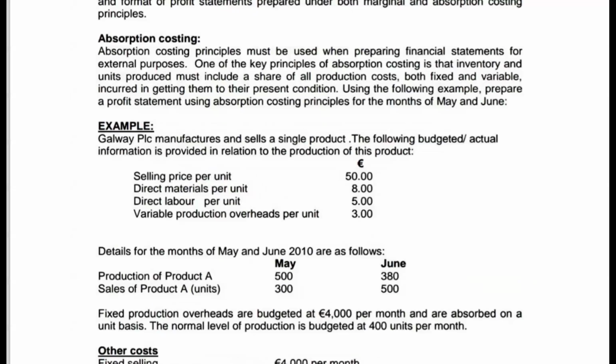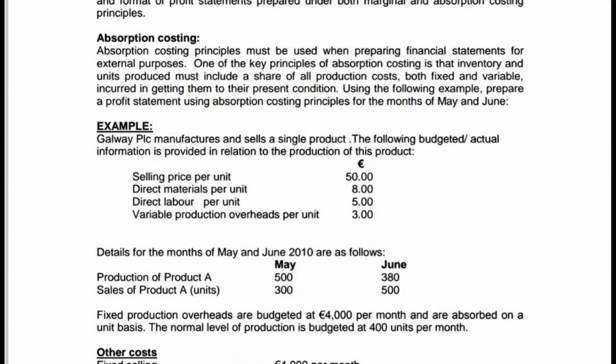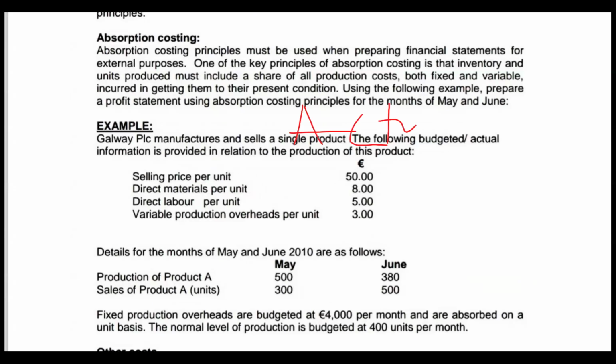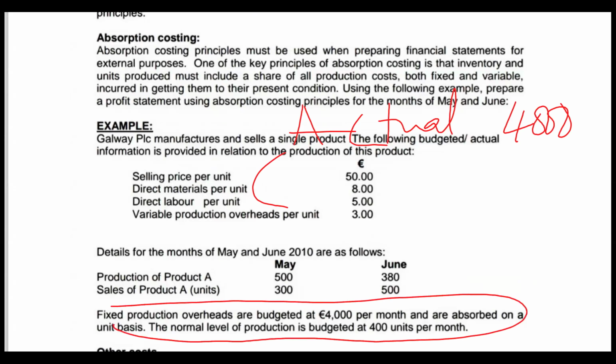So I am saying we have established that the actual budget that we have was 4,000. But what was absorbed was based on the absorption rate that we have. According to this statement, the absorption rate is based on the units.